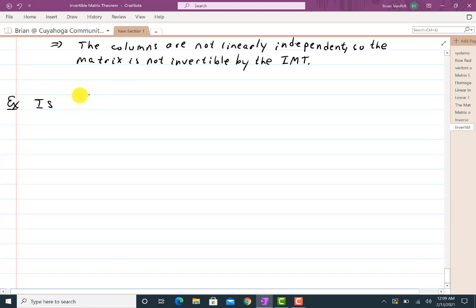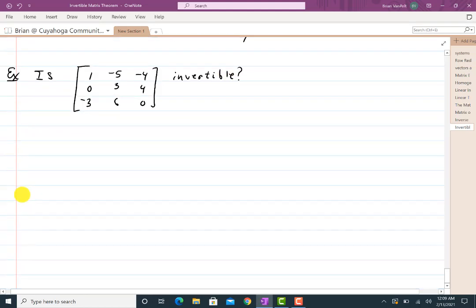Is, let me put another 3 by 3 up here, 1, 0, -3, -5, 3, 6, -4, 4, 0, invertible? This one's a little bit harder to see right off the bat. So what I'm going to do is 3R1 plus R3. And I'll get 1, 0, 0 there.